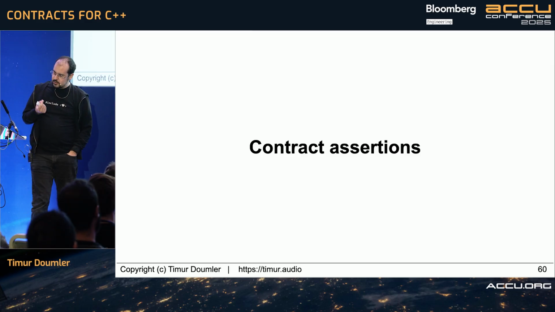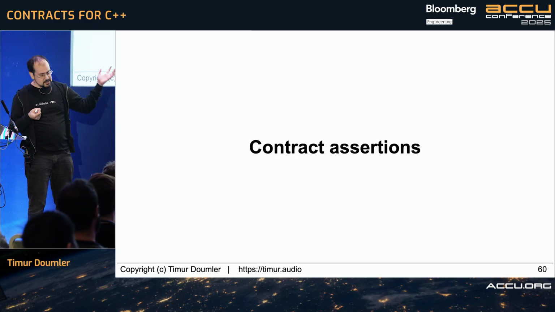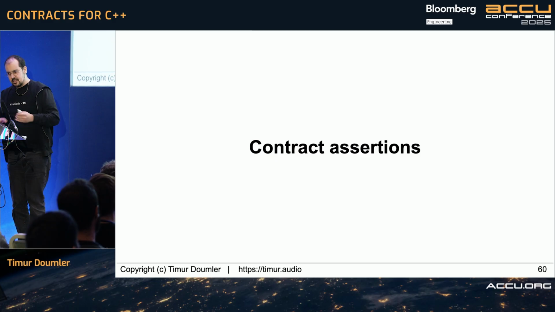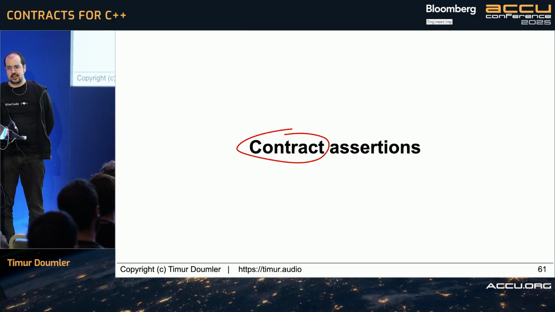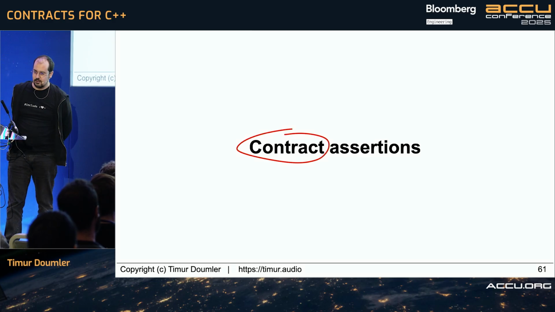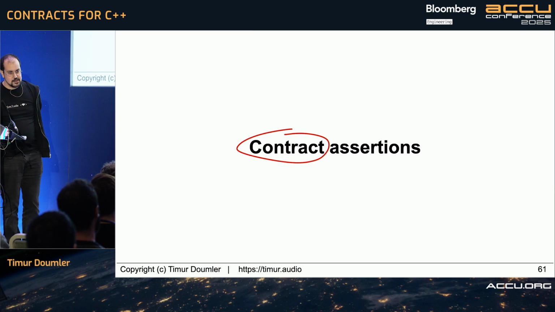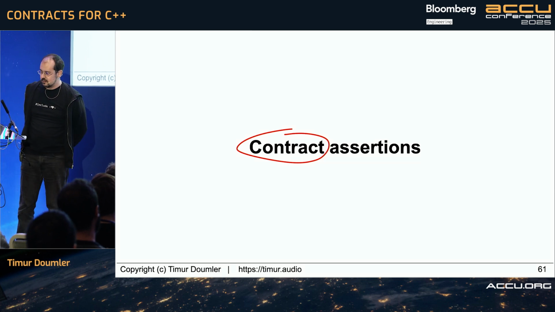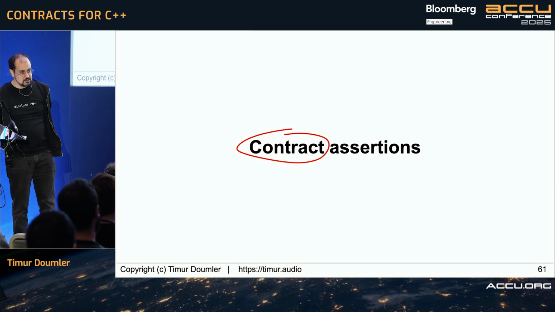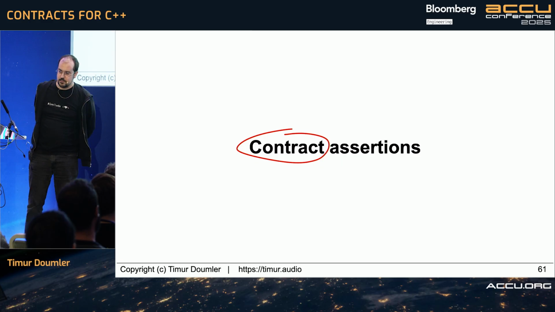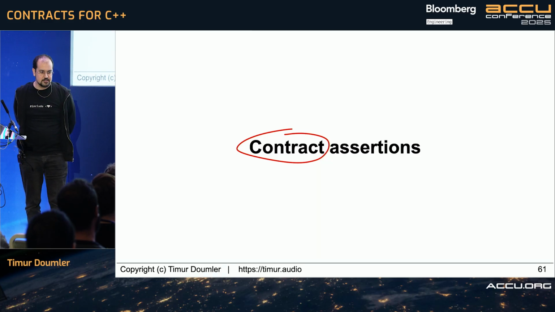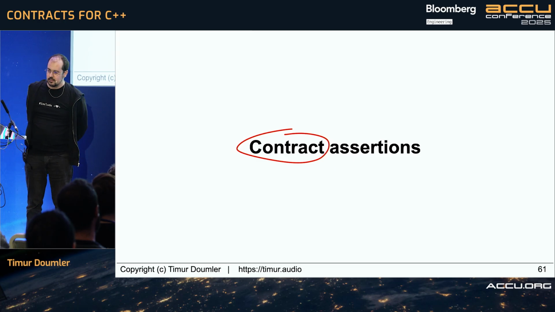A lot of it has to do with the name. So we call them contract assertions. And there's this word here, contract, and that word comes with a lot of baggage. And I think if we had just named this feature or this proposal assertions, then people would have said, oh yeah, cool. These are just a new, better way of writing assertions. This is clearly useful. Let's standardize it.